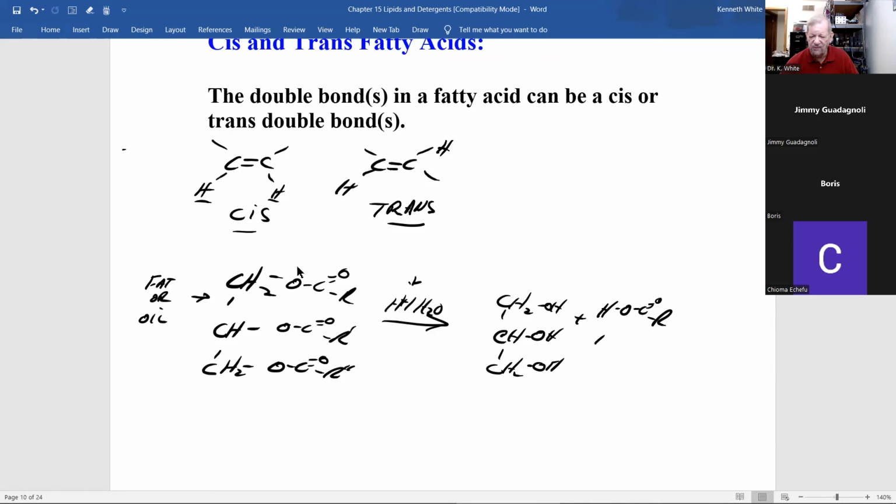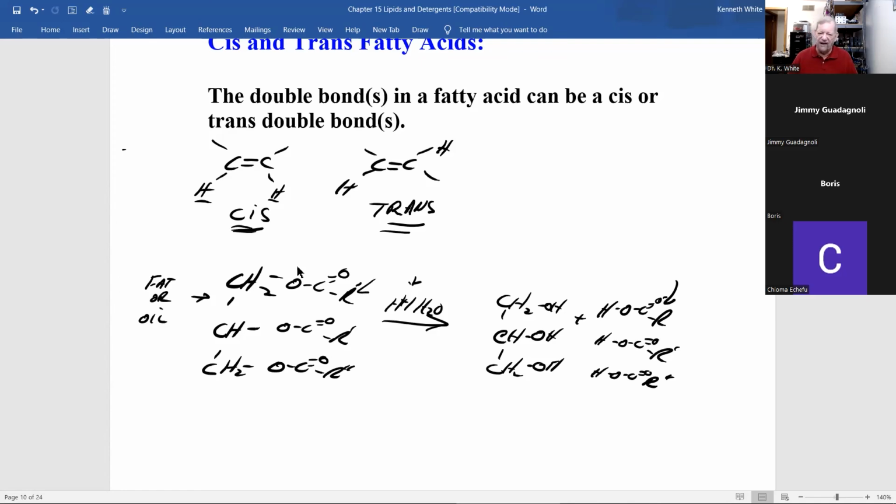And one of those can be oleic. Now, think about this. If the R group in the fatty acid can be cis or trans, that means the R group in the fat can be cis or trans.